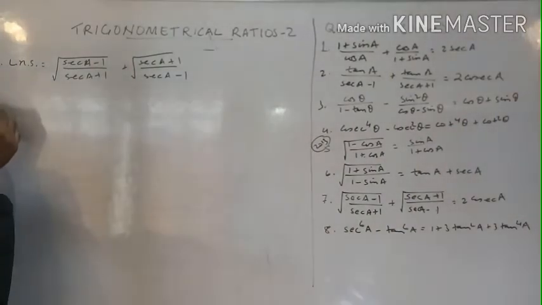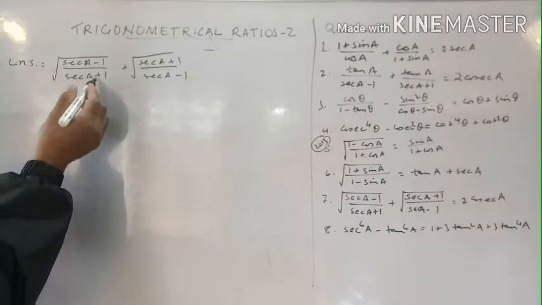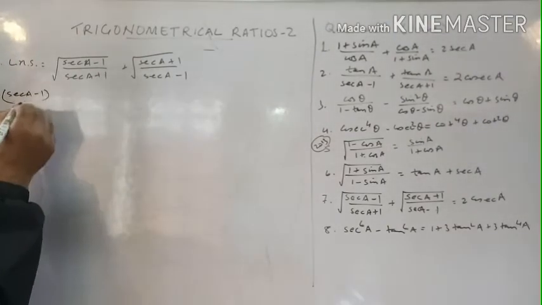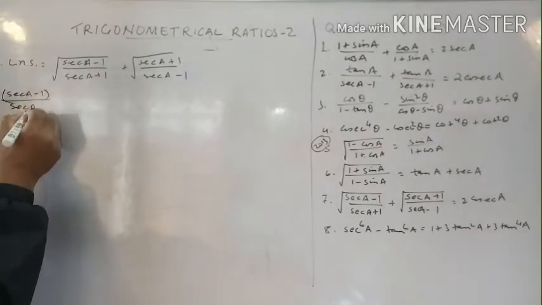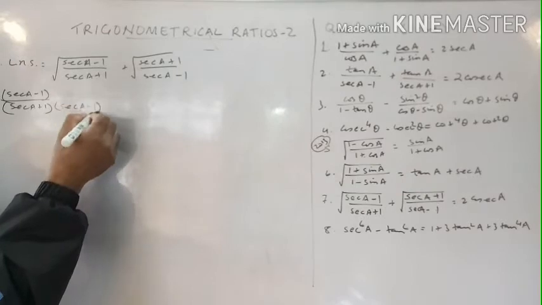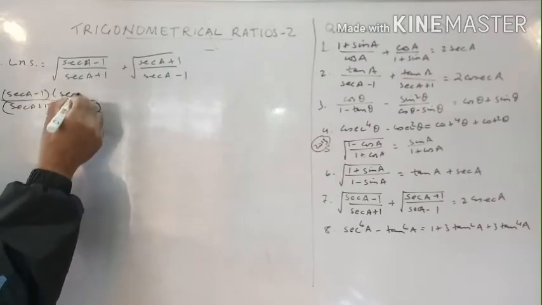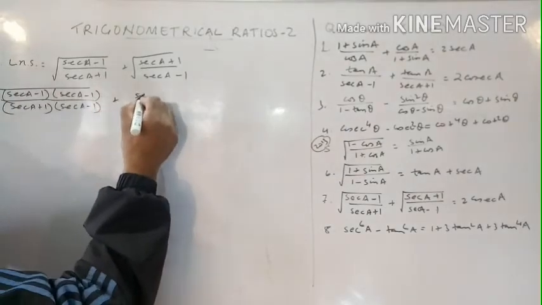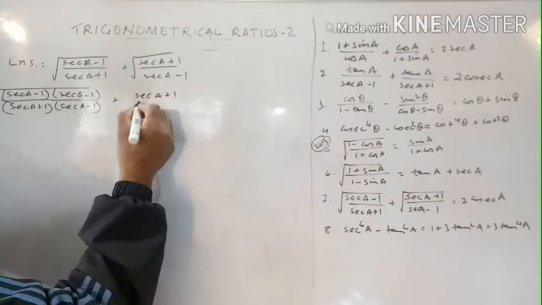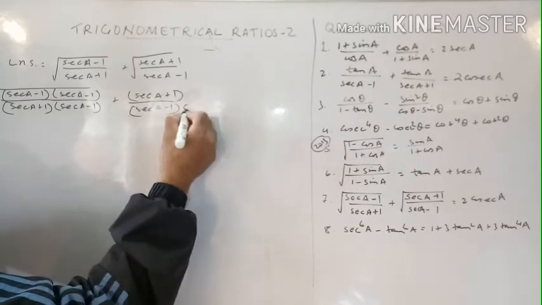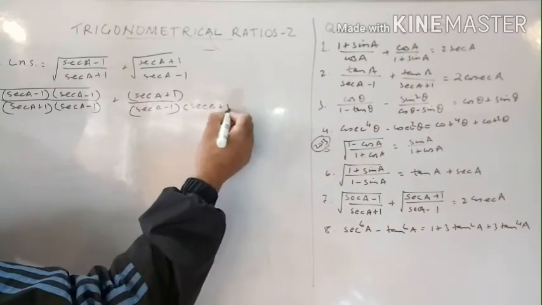So here also we follow the same process. We multiply by opposite sign here. So we get sec A minus 1 by sec A plus 1. So you multiply by sec A minus 1 here, opposite sign. Here also sec A minus 1. Plus here also with the same thing: sec A plus 1 by sec A minus 1 should multiply by sec A plus 1.